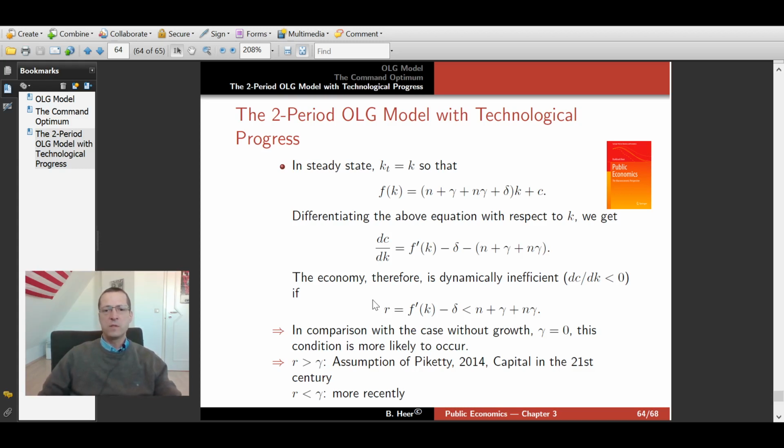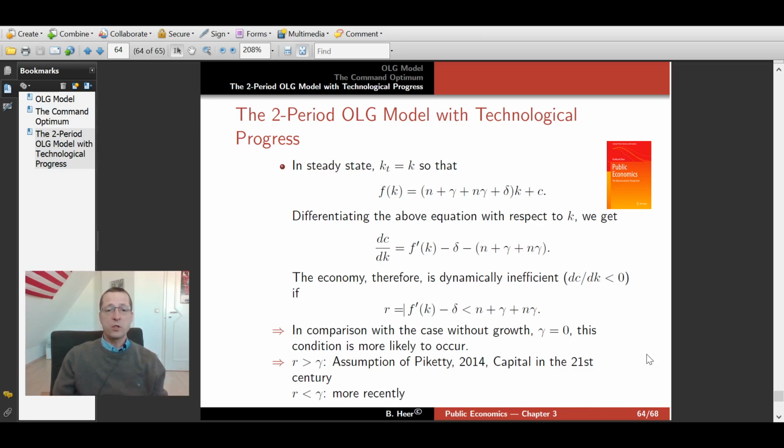And now you see that, in this case, real interest rates may even be lower than the sum of the population growth rate n plus the economic growth rate gamma. So we have something like R smaller than gamma, or gamma plus n more recently. And we might have a dynamically inefficient economy.